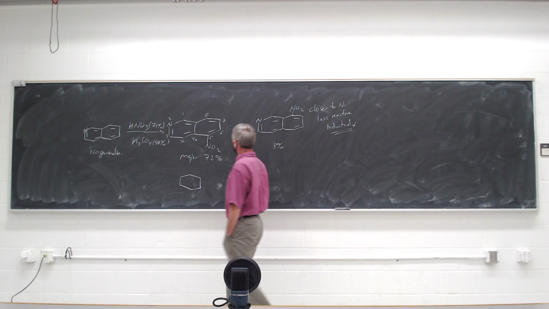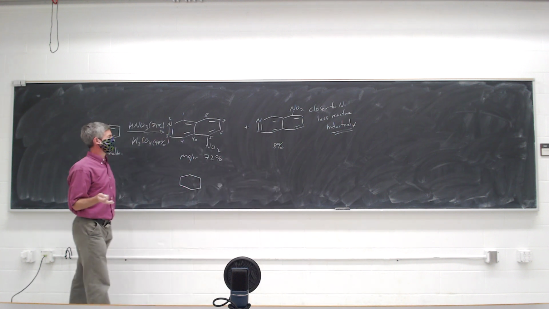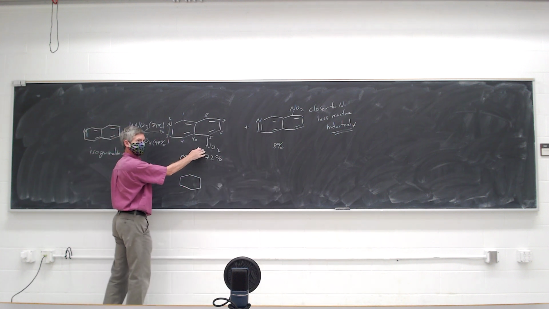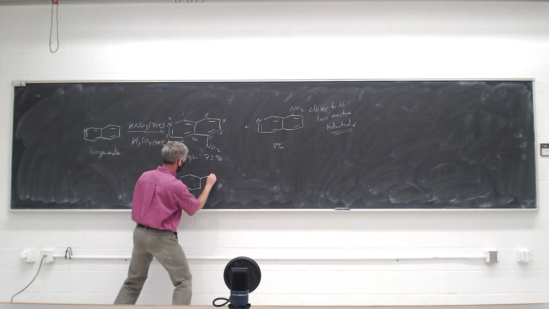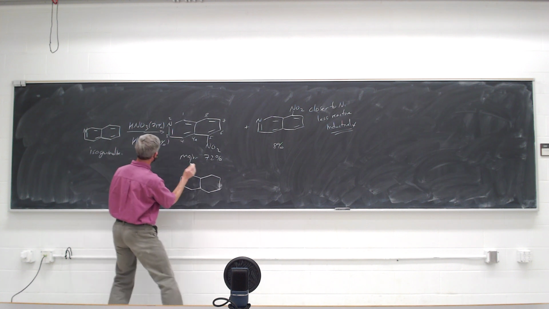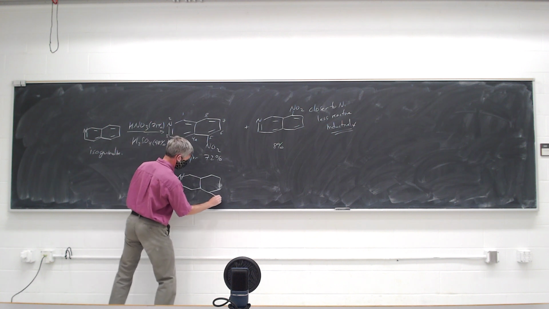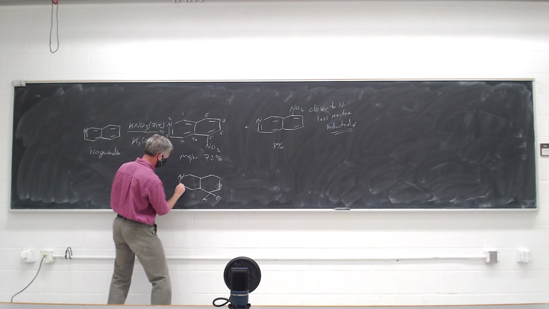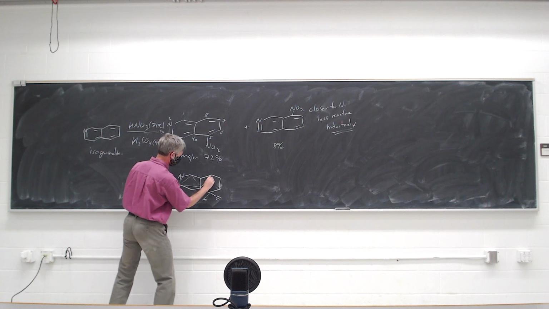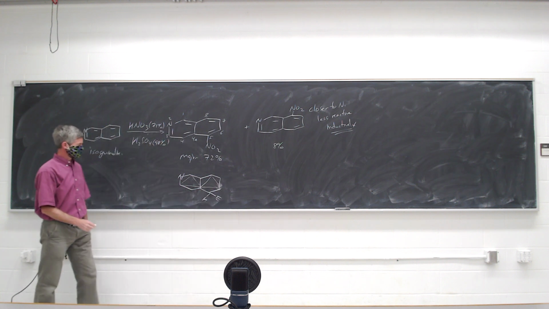So if the inductive effect were the only thing in play, we would expect this to be the major product. But what about resonance? Where's the positive charge going to be if I attack here? Right? It's going to be in those locations.